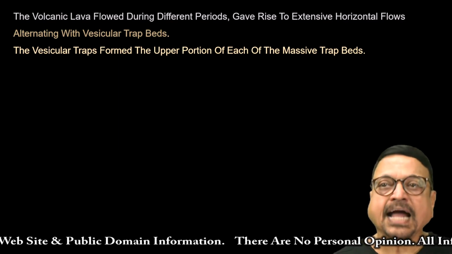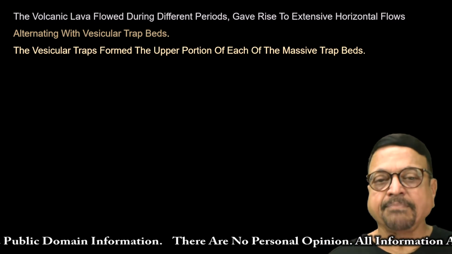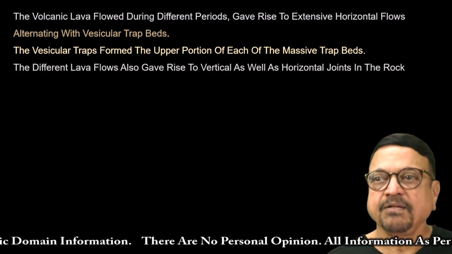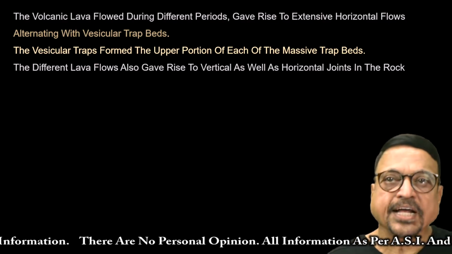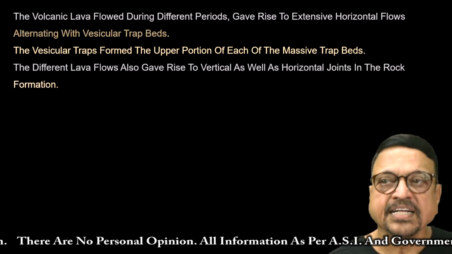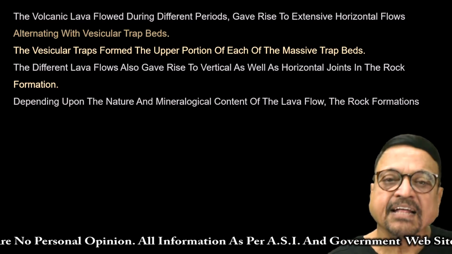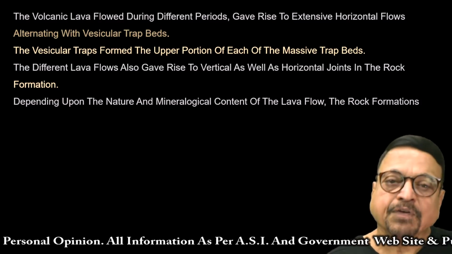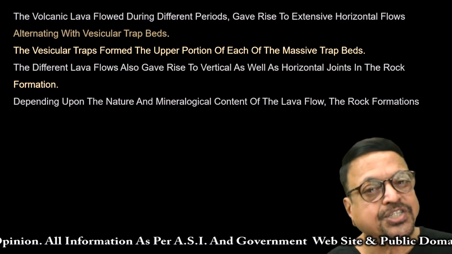Now, vesicular traps form the upper portion of each of the massive trap beds. The different lava flows also give rise to vertical as well as horizontal joints in the rock. And when the rock was formed, it had favorable and non-favorable conditions for the sculptures and the caves.